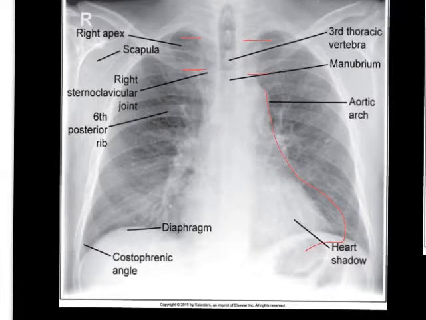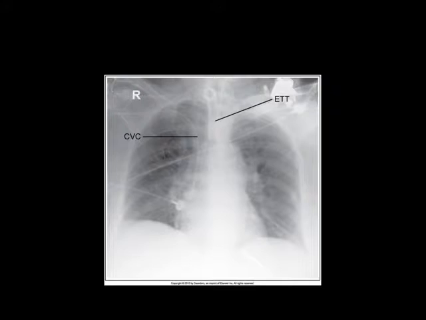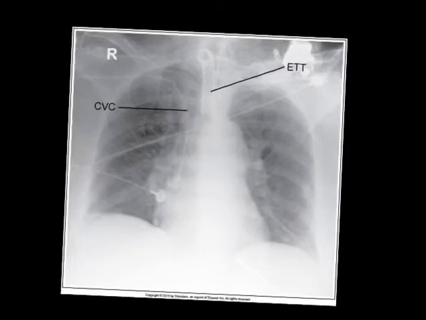So we're looking at an AP image. But we're going to use a lot of the same measurements. We're going to make sure these clavicular ends are more or less equal distance from the spine, the air-filled trachea in the middle of the spine, and the distance from the vertebral column to the lateral rib margins is about the same, right? All right, so let's take a look at this image and just describe what we see.